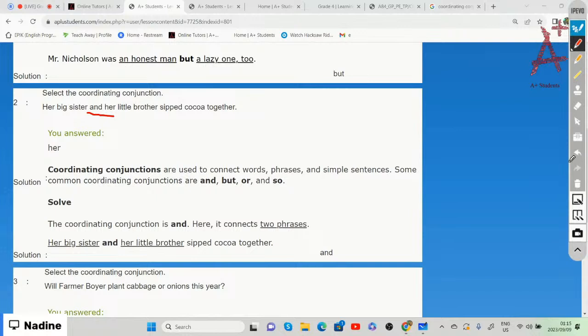So her big sister and her little brother sipped cocoa together. And connects the two phrases, which is her big sister and her little brother.